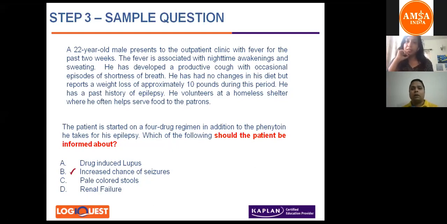Even if you forget about cracking or not cracking, if you study this particular patient in this kind of condition, I'm sure you're going to be the next best doctor of the country, because you actually know this kind of in-depth information about this particular case. So this is the basic difference between what we study in MBBS and what USMLE actually makes us do. That's all about Step 3 as well.